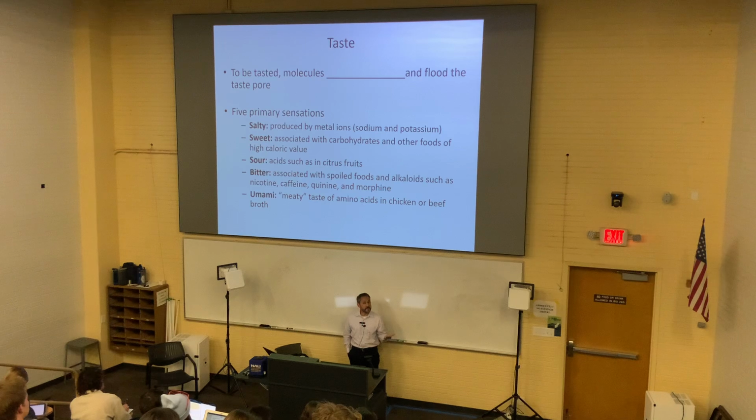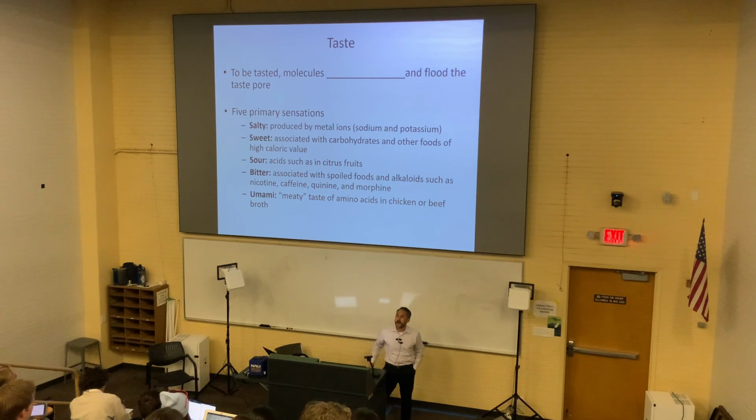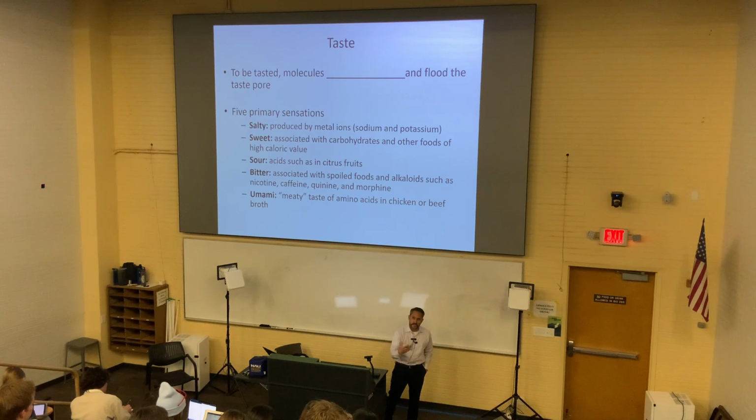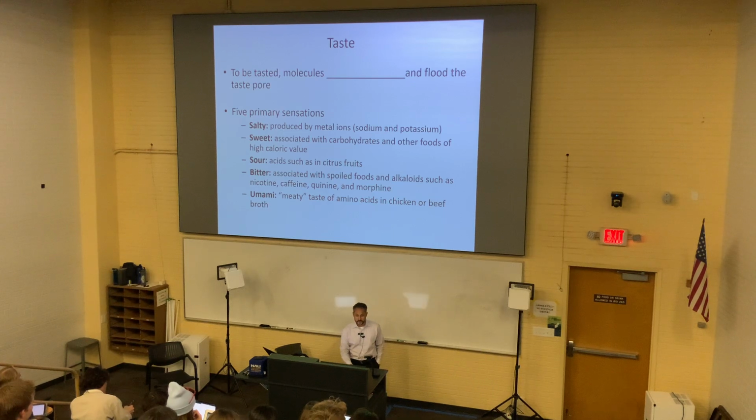And that's a protective mechanism, right? And then umami is the meaty flavor of foods that are high in amino acid contents, like what you taste when you have chicken broth or a beef broth, even a vegetable broth. Okay, it's more of that meaty flavor, or a meaty substitute type of flavor for those of you that are vegetarian or vegan.